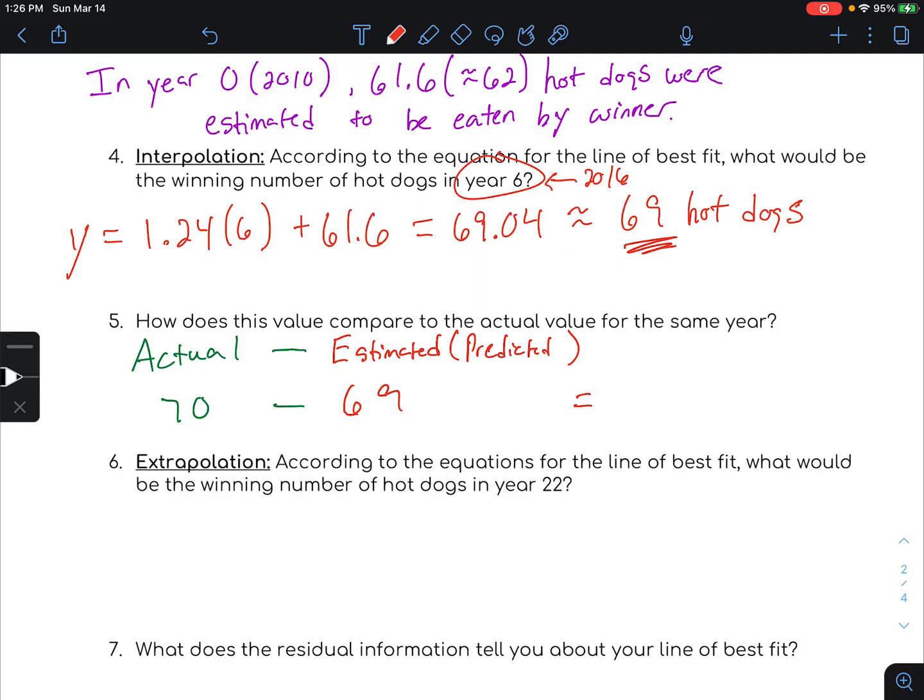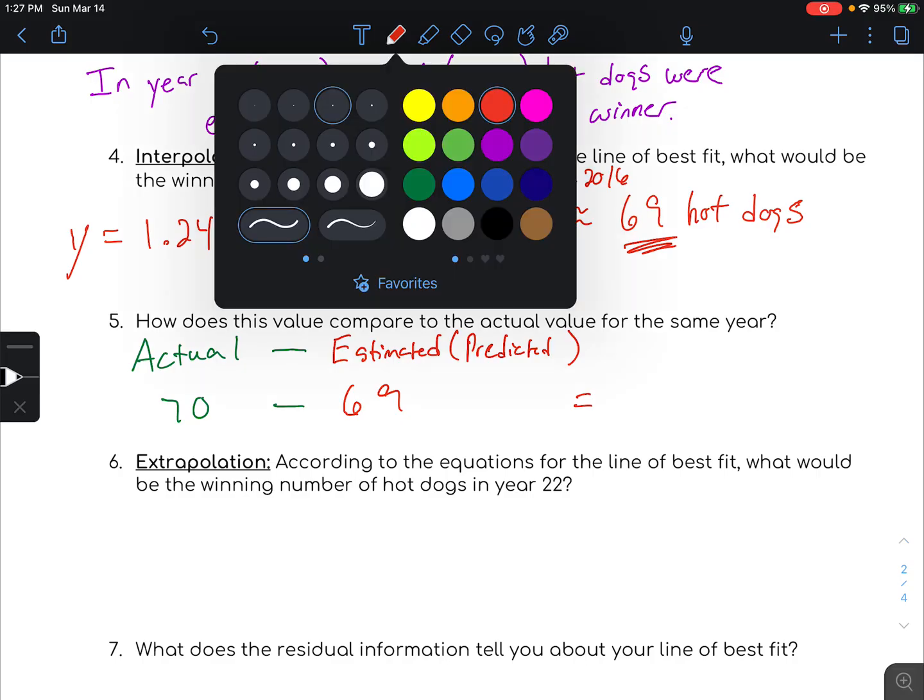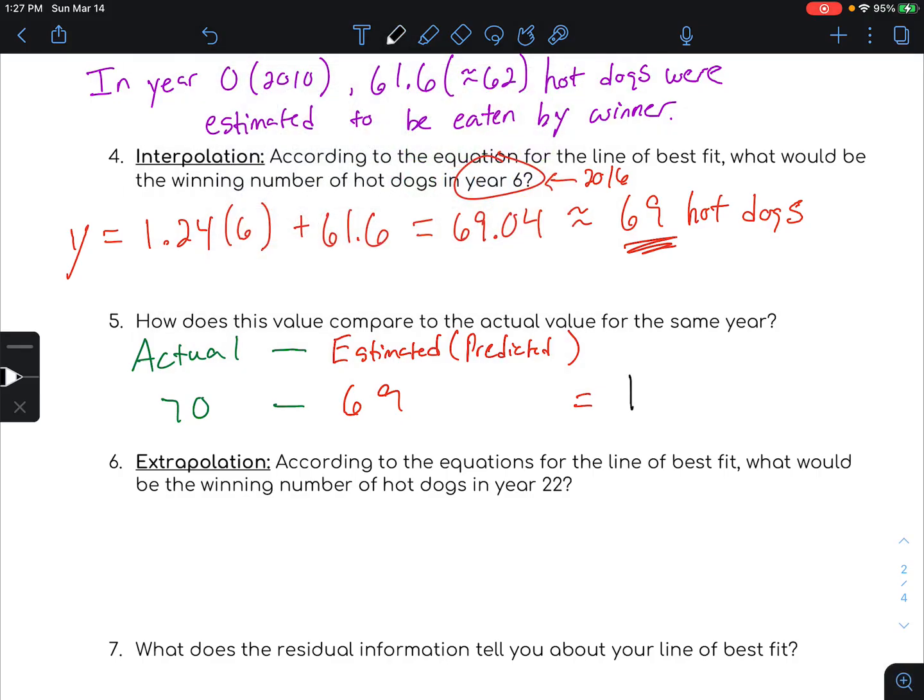So that is a difference of 1. So the actual was 1 higher than the estimated or predicted.